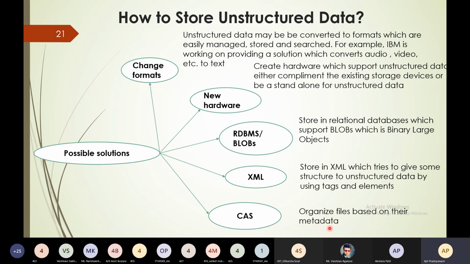Keep in mind, again I am repeating this, metadata is nothing but data about data. So this is the way to store unstructured data. We have seen first the challenges to store unstructured data, and now in this slide we have seen what the possible solutions are to store unstructured data.